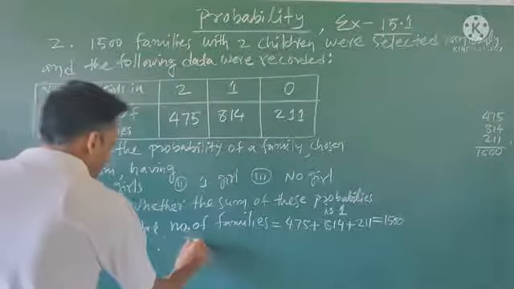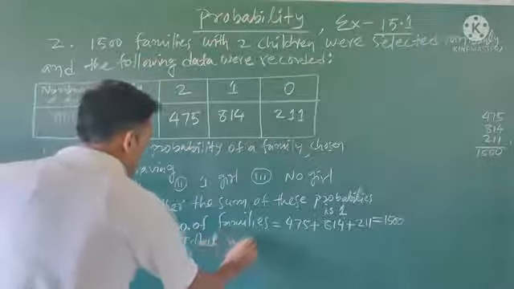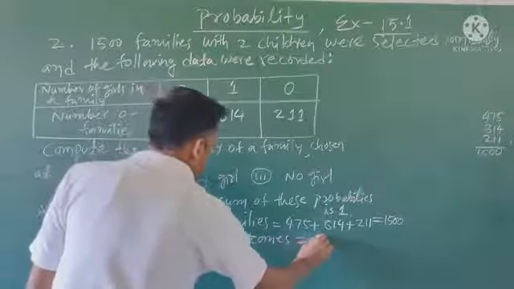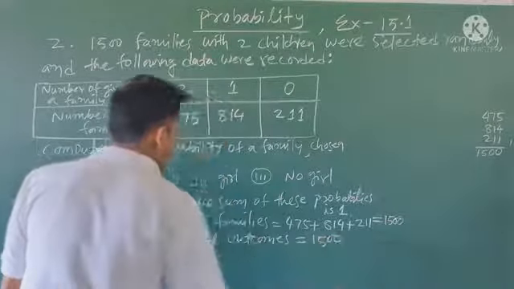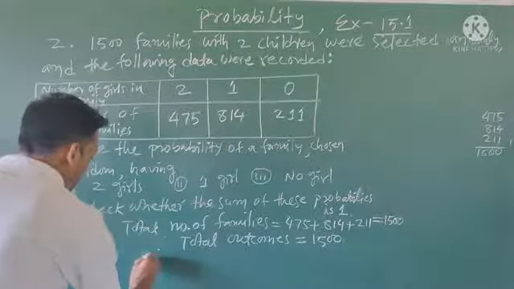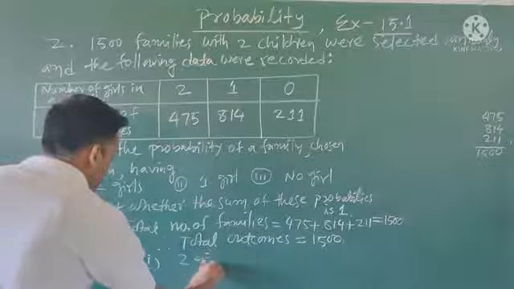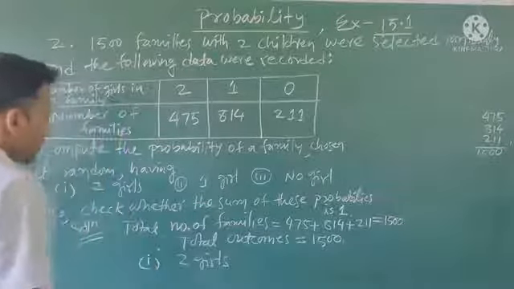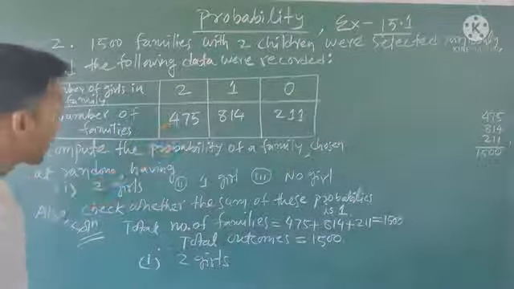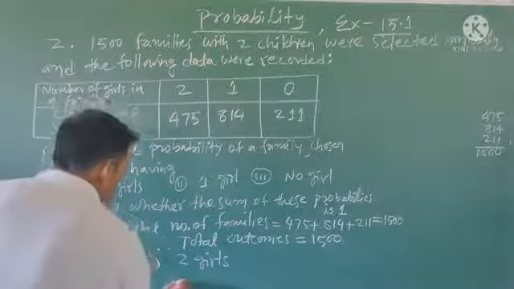Therefore total outcomes is 1500. Now number 1, you see, 2 girls. 2 girls, how many families? 475.